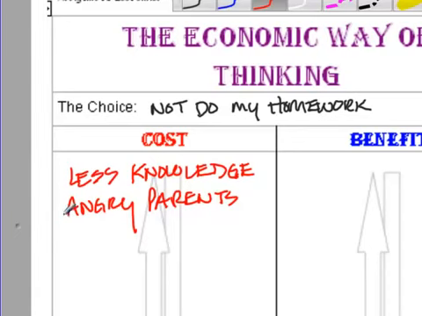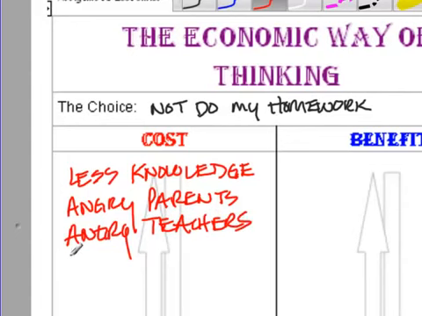Remember, a cost is anything you give up. It doesn't necessarily have to be bad, but usually we look at it as a negative thing. The cost is usually a negative thing. I'm not going to take your suggestions just yet. I'm just going to write a bunch of them up here. You might have angry teachers. Okay, you could have punishments.